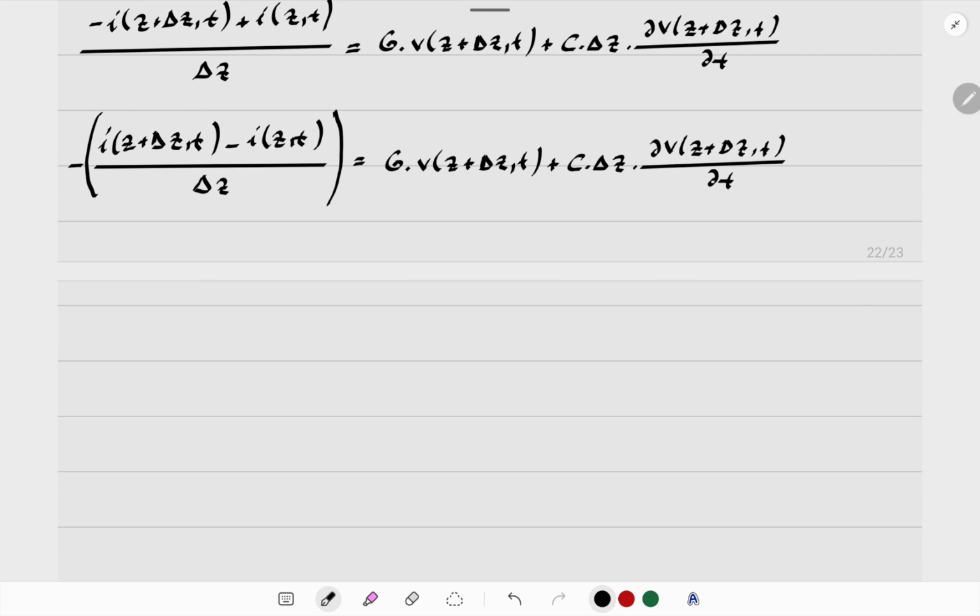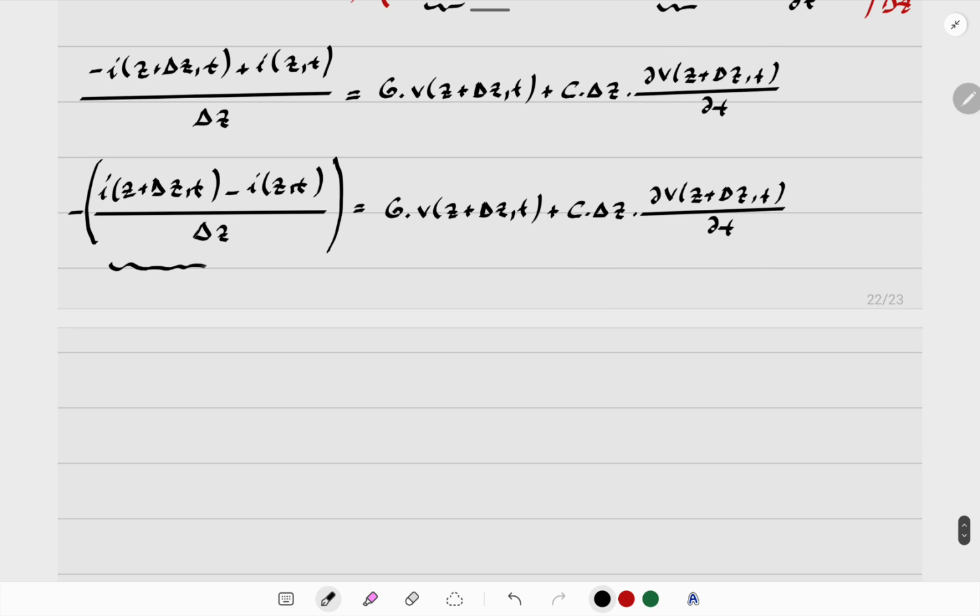And we know that this particular one, when delta z goes to 0, is equal to del I(z, t) over del z.